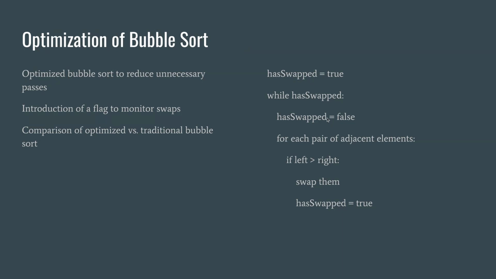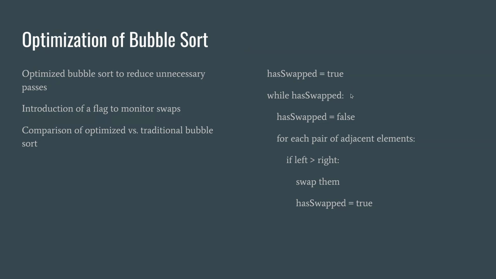If we find that a pass completes without any swaps, it will signal that the array is sorted and the algorithm can terminate early because we have this while loop. This optimization can significantly reduce the number of passes in a case where the array is nearly sorted or sorted.